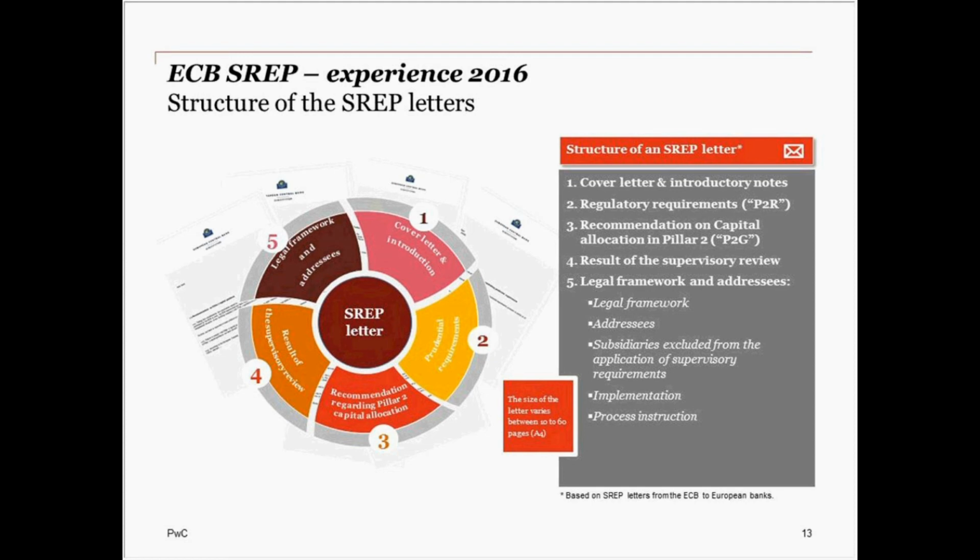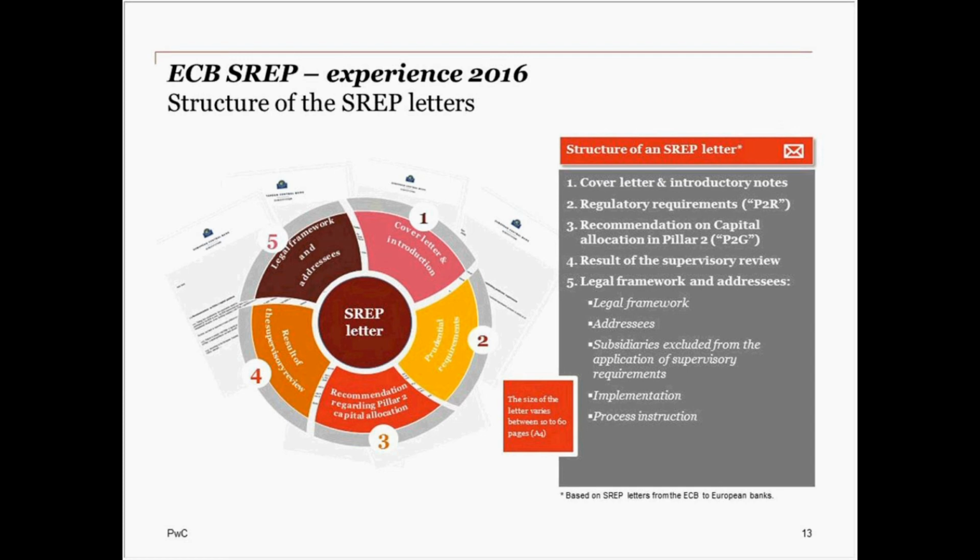In the 2015 SREP, there was only a CET1 ratio communicated to the banks. Last year's SREP came up with two different SREP ratios. There's the regulatory requirement, the P2R capital ratio, and there's the recommendation on capital in Pillar 2, which is the P2G, the Pillar 2 guidance.